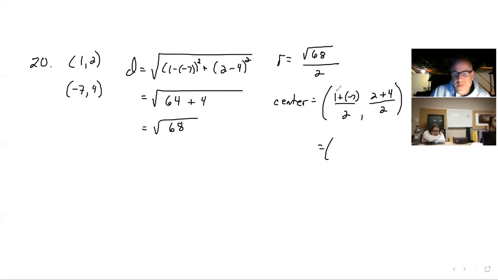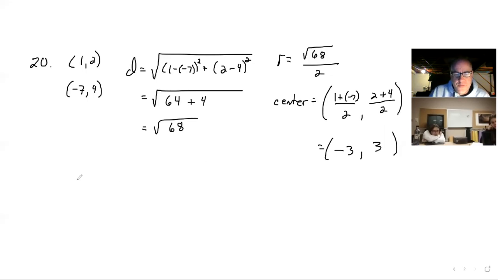That ends up being -6 divided by 2, which would be -3, and 6 divided by 2, which would be +3. And so that would have to be your center.